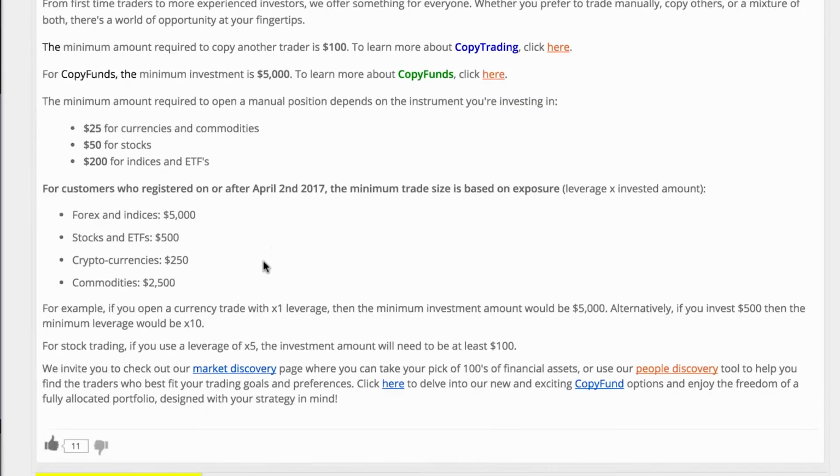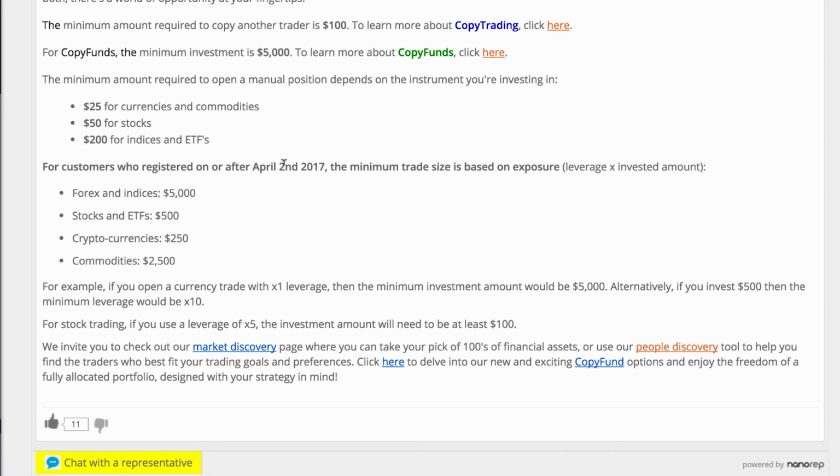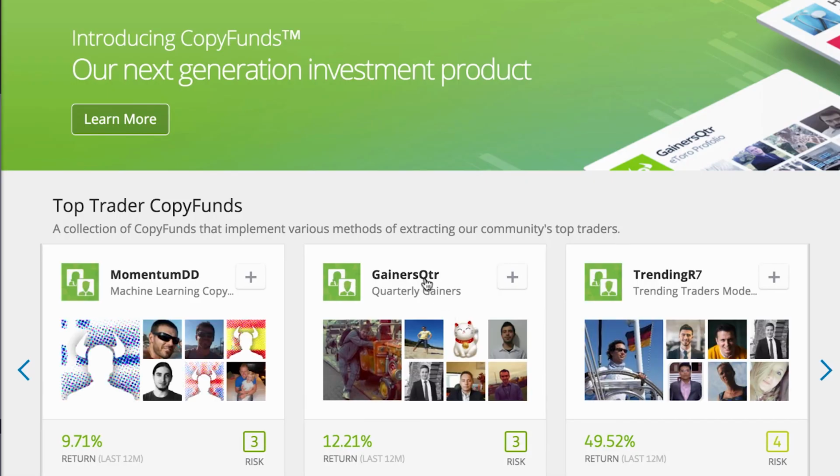There we go. And here you can get some information about that. Obviously for me, my minimum amounts, I can invest $25 in currencies and commodities, $50 in stocks, $200 in indices and ETFs. So when I saw 5,000 for a Copyfund, I thought, wow, that's a lot of money. After the April 2nd, 2017, they changed that. But certainly to me, the Copyfunds were quite expensive.